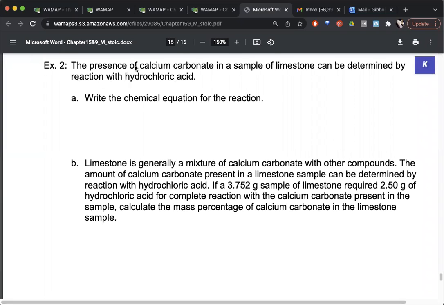We're talking about calcium carbonate in limestone, and we're going to analyze how much is there using hydrochloric acid. So what is the chemical equation? It's going to be the calcium carbonate plus hydrochloric acid. So first writing those formulas, then predicting the products, and then balancing.